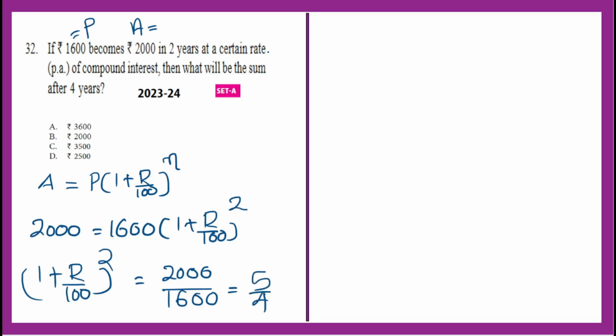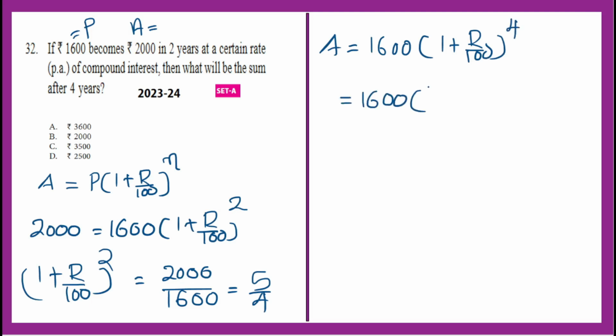Now the amount after 4 years equals A equals 1600 times 1 plus R by 100 whole to the power 4, that equals 1600 times 1 plus R by 100 whole to the power 2 times 1 plus R by 100 whole to the power 2.